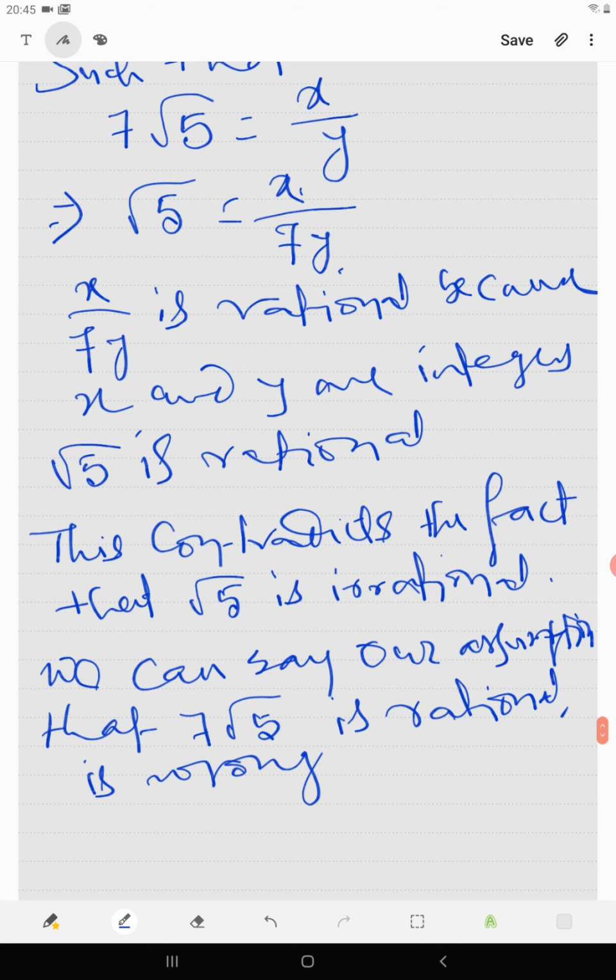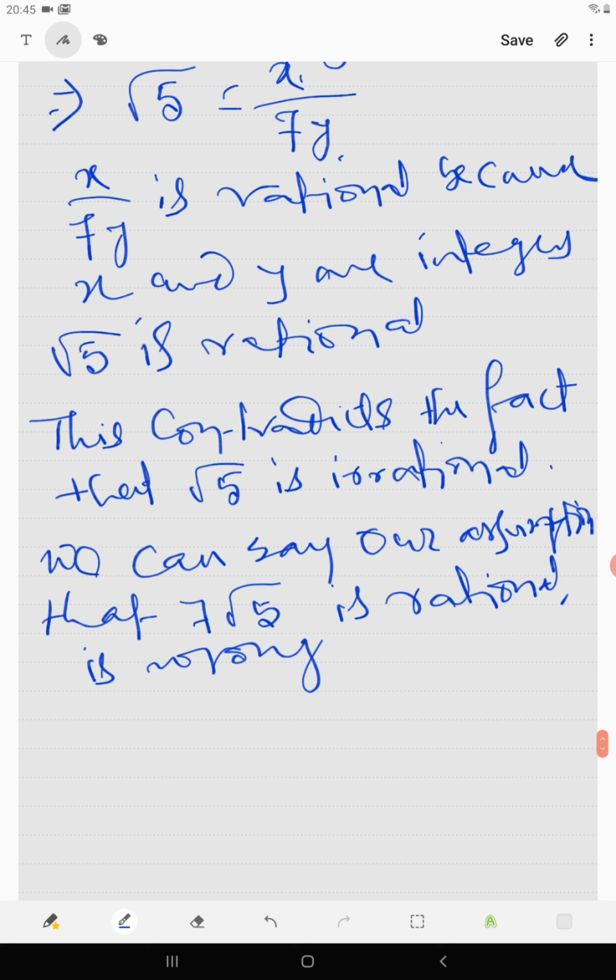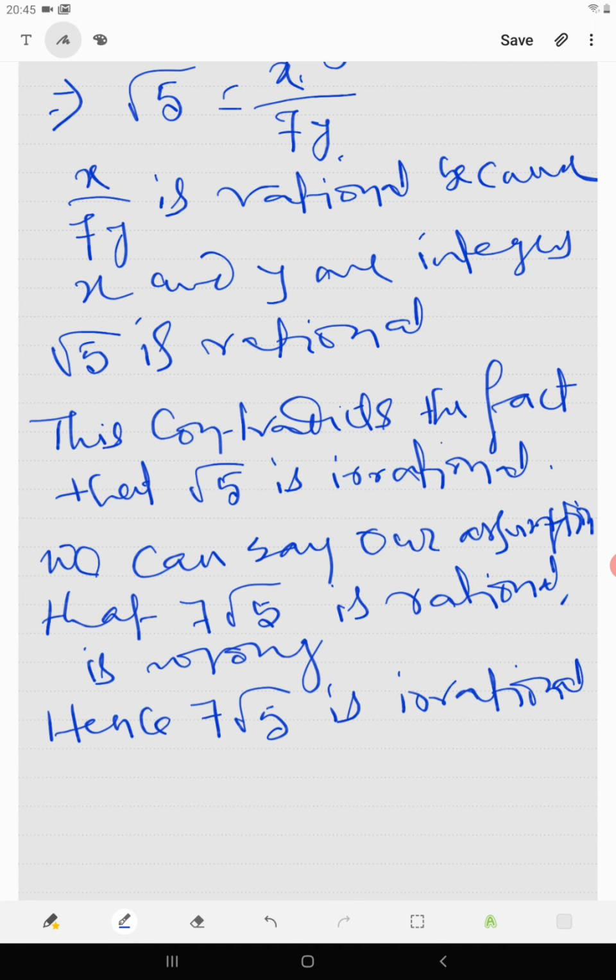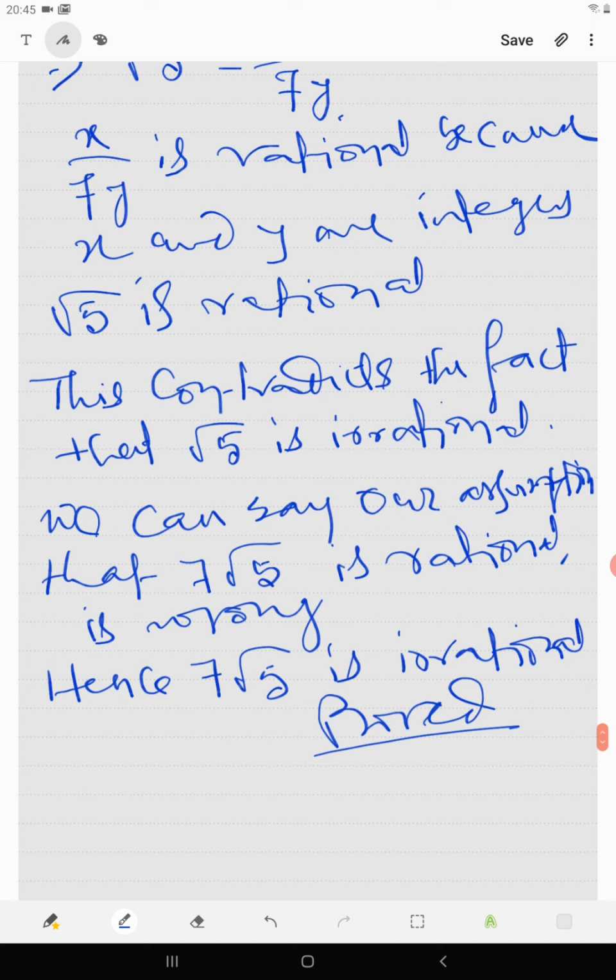So whatever we assumed in the beginning, that is wrong. Hence 7 root 5 is irrational. Okay, proved. I hope you got the problem.